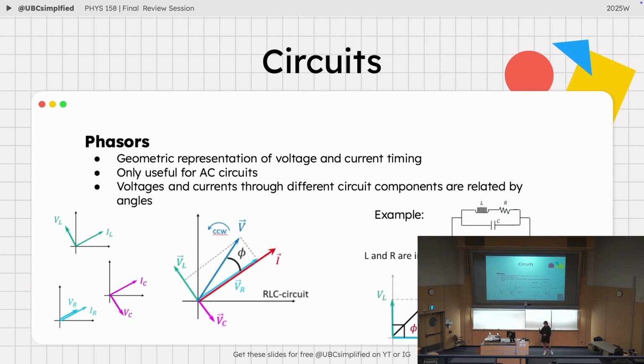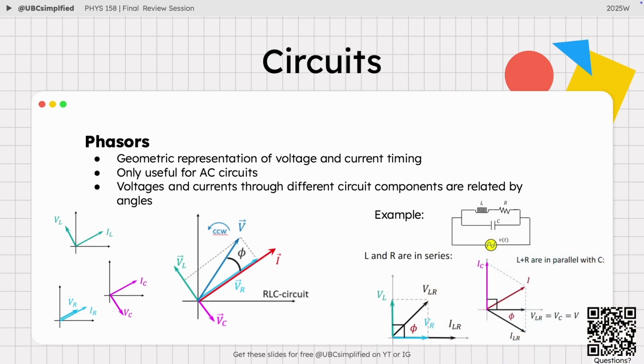So you can see here the different phasors. We have the one for the inductor up there, and then the capacitor and the resistor. And you can see what I meant about it rotating counterclockwise, right? So the voltage through the inductor will peak before the current peaks through the inductor.